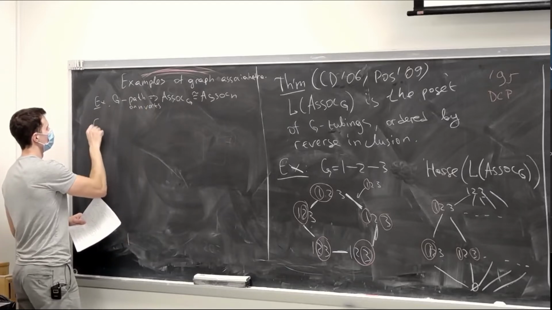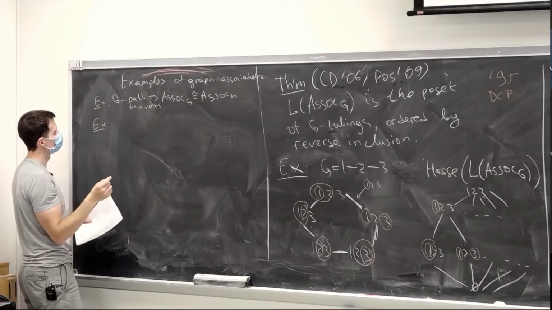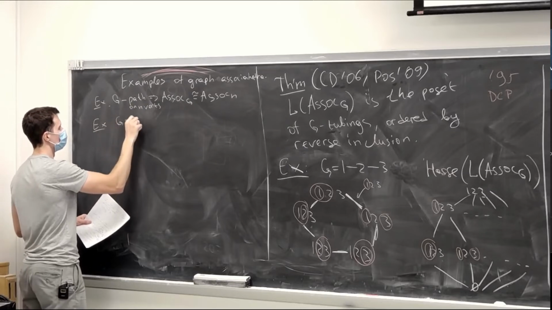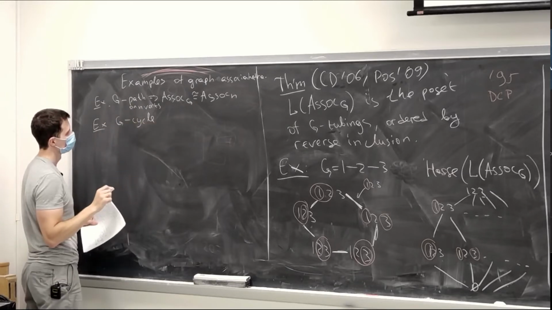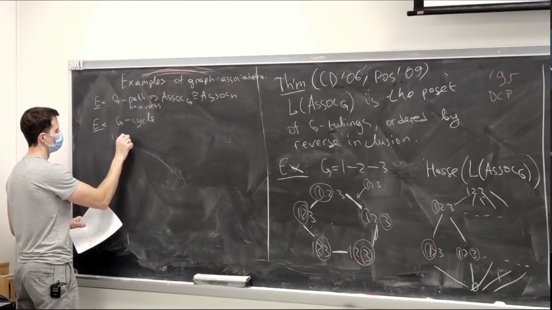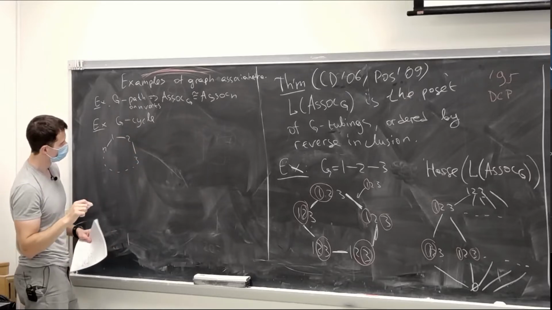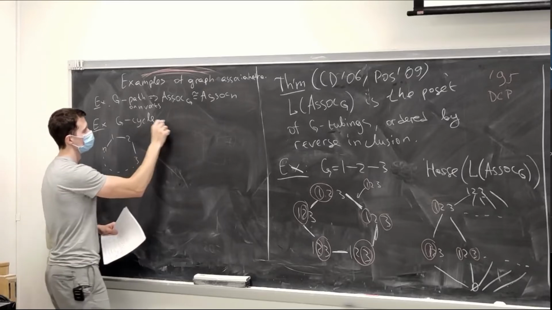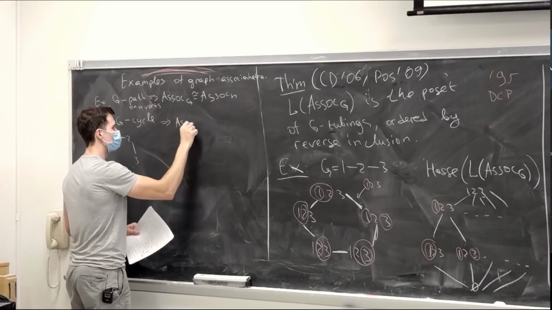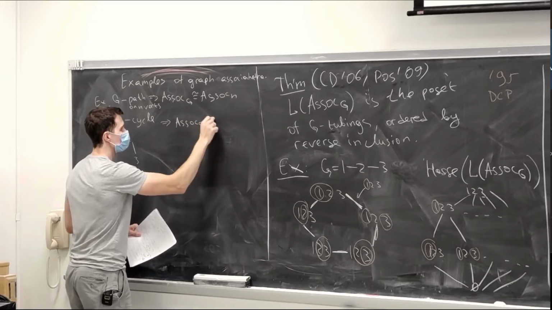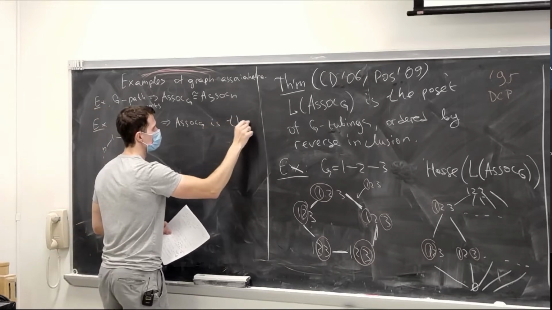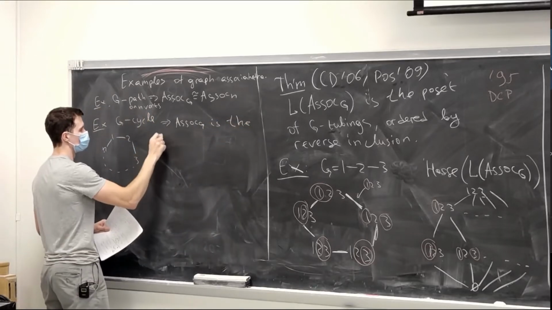Another example, which is nice, is when G is a cycle. If it's an n-cycle, 1, 2, all the way up to n, then the corresponding associahedron is known as the cyclohedron.